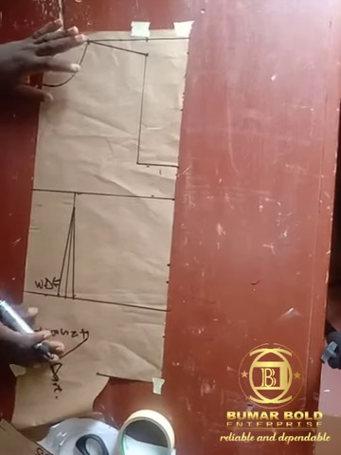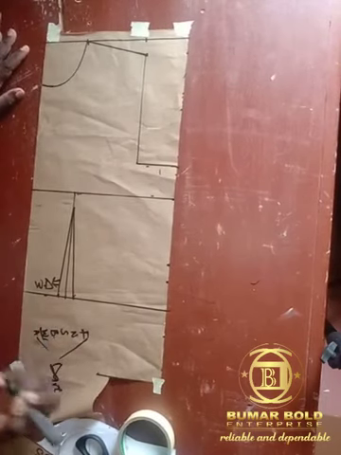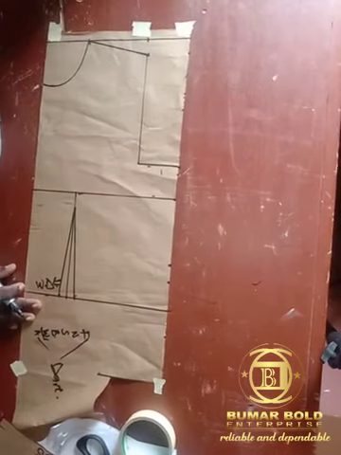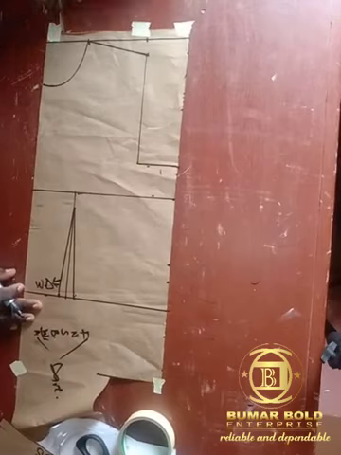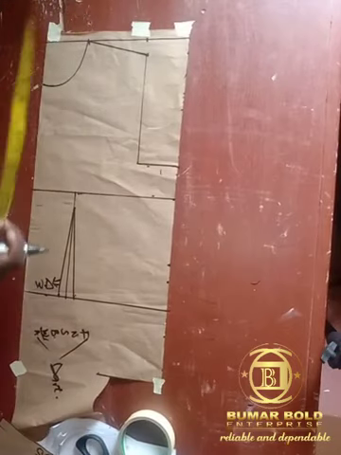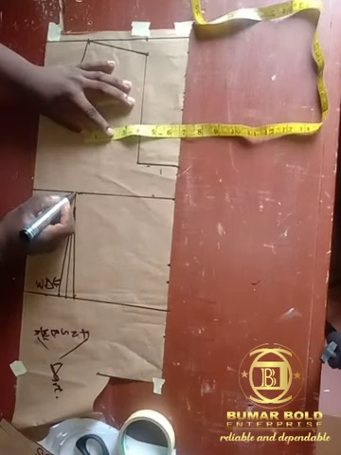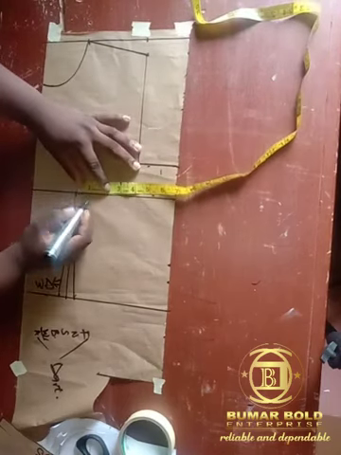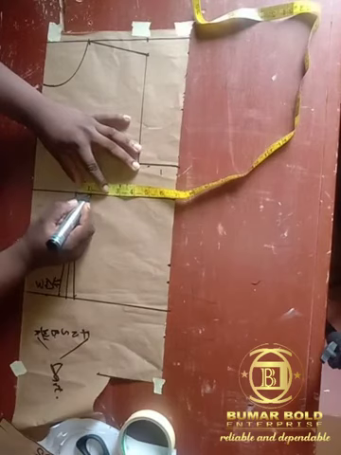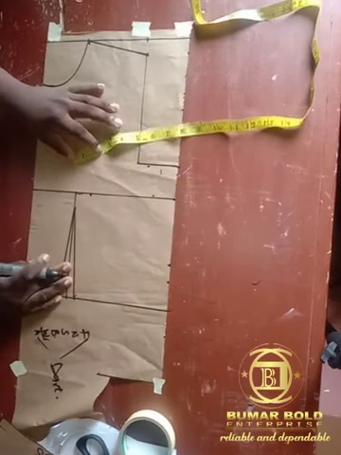So the next thing we want to do is getting the bust dart, and I'm sure in the basic pattern bodies too, I showed you how to get a bust dart. From this nipple distance point, you're going to go back by 1 inch like this.